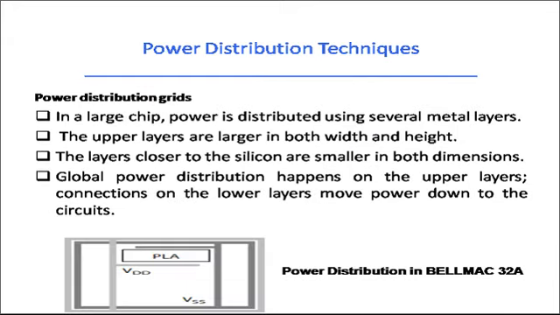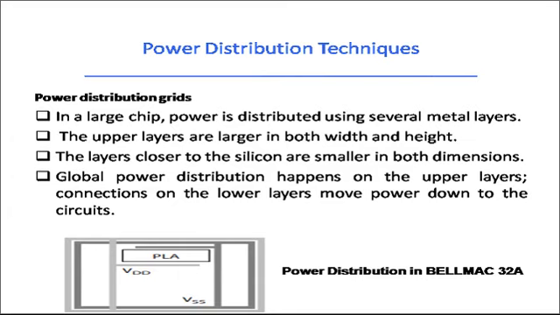There are different techniques of power distribution. You can have a power distribution grid also, and in the case of large chips, power is distributed using several metal layers, and the upper layers are larger in width as well as height.